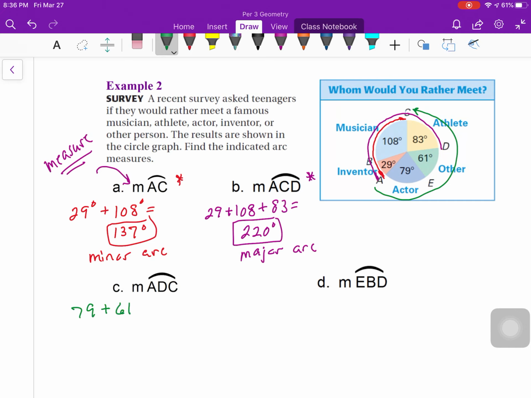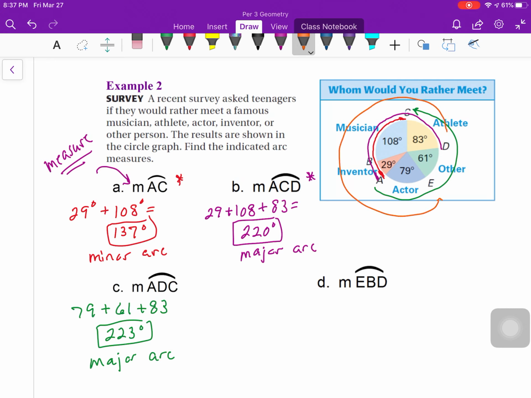So in that direction, I would have to add 79 plus 61 plus 83, because I'm going from A through D to C. 79 plus 61 plus 83, 223 degrees. Another major arc. The last one that they've asked for in this particular section is to go from E through B to D. E through B to D would start here and go in this direction.